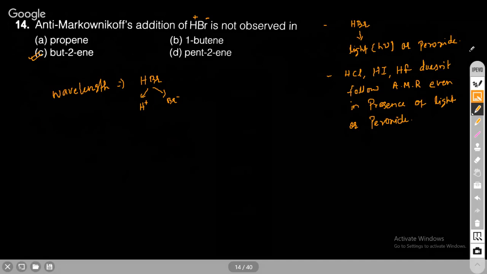Okay, it's not ions, actually it is radical. We should write it as radical, not ions. So homolysis happens over here and we get hydrogen and bromine radicals, right?